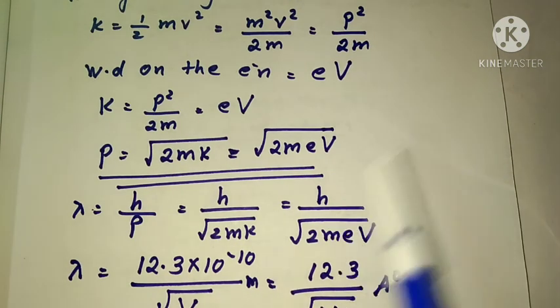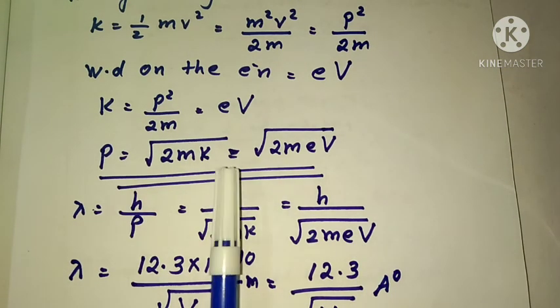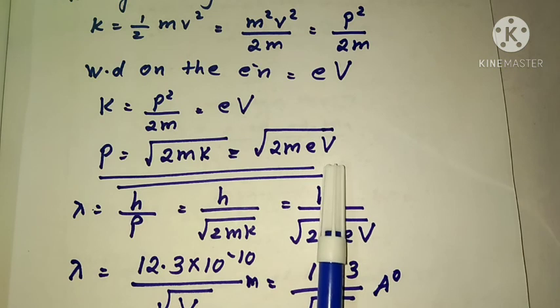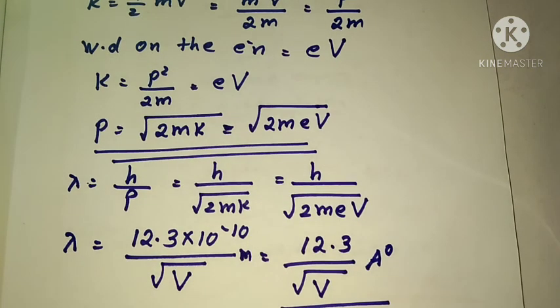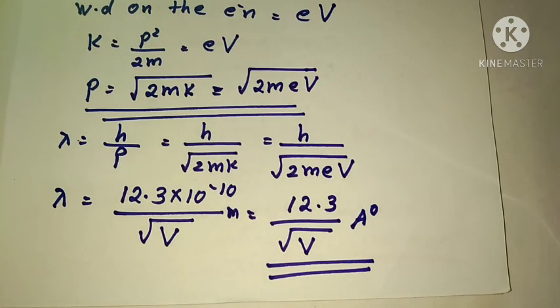Then equate the two equations. Then we get the momentum in terms of kinetic energy and the potential difference. Then according to the de Broglie equation, lambda equal to h by p. Then substitute the value of p. Then we will get the answer lambda equal to 12.3 by root V angstrom. So this is the equation for the de Broglie wavelength of an electron. Clear?